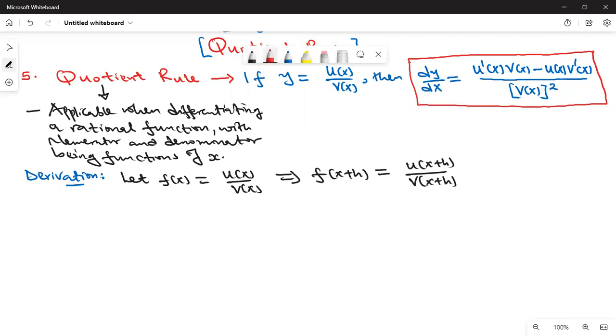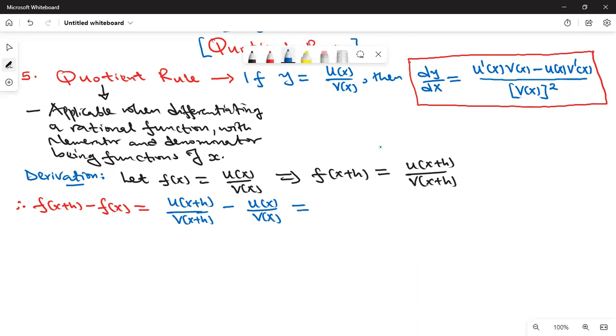Therefore f of x plus h minus f of x. What should it give us? This is u of x plus h over v of x plus h minus u of x over v of x.